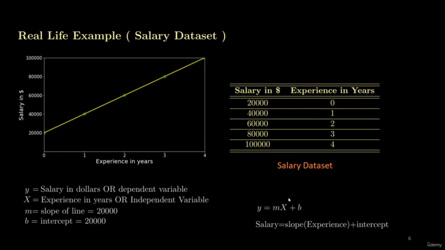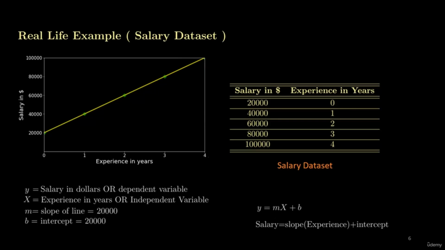Now I want to convert this slope intercept form equation of a line with respect to this real salary data set. Now Y is salary, M is my slope, X is the experience, and B is the intercept. So we have transformed this data set into a new equation with the help of the slope intercept form of a line.